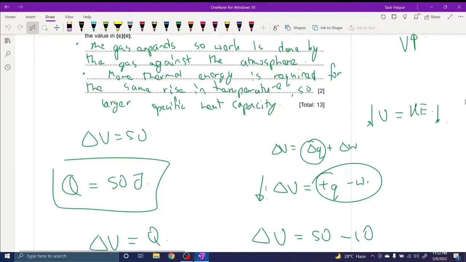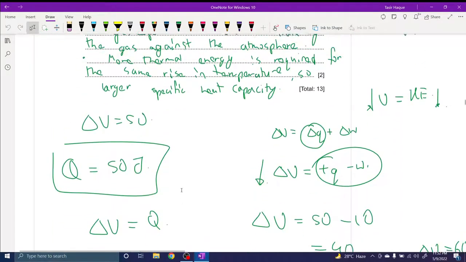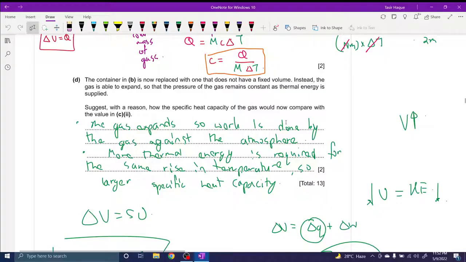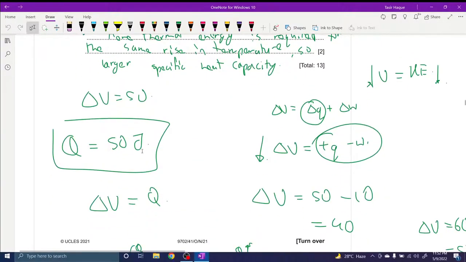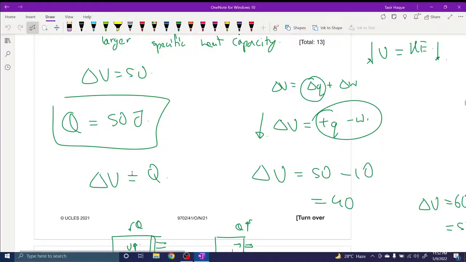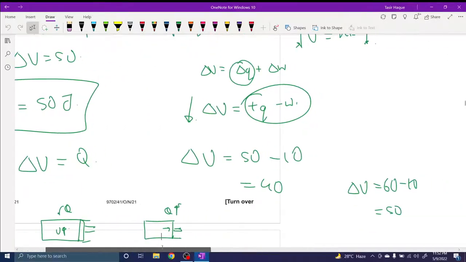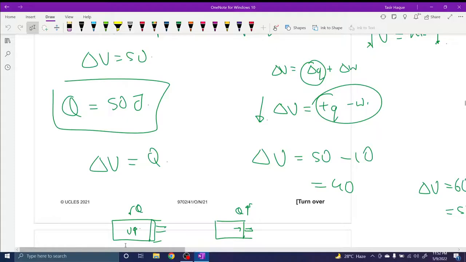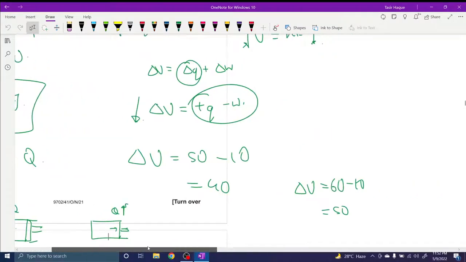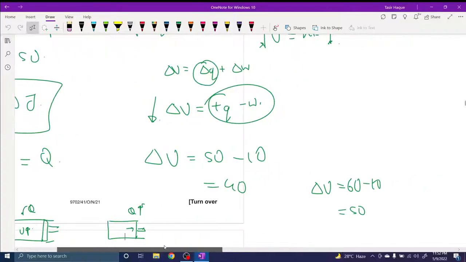Okay. So beforehand, the gas was not able to expand, but now instead the gas is able to expand, right? So beforehand, suppose we would require 50 joules of heat to cause an internal energy change of 50. Now we will require more to cause an internal energy change of 50.